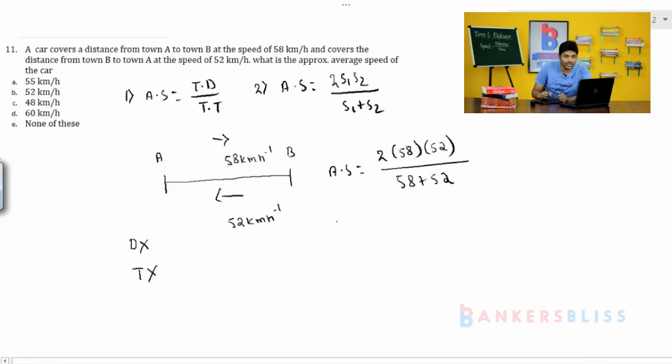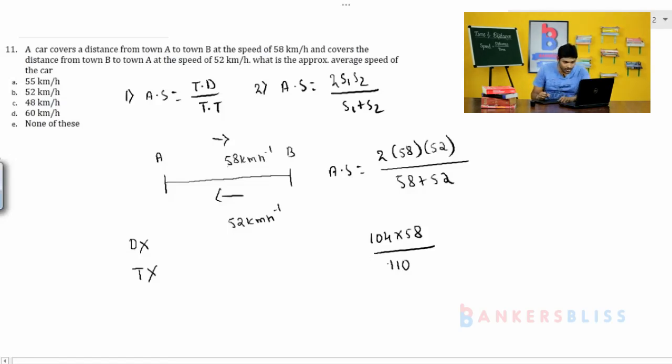So how much are you going to get? 52 into 2, 104 into 58 divided by 110. All are in kilometer per hour. In the options also we want kilometer per hour. So no need to convert anything, directly you solve.